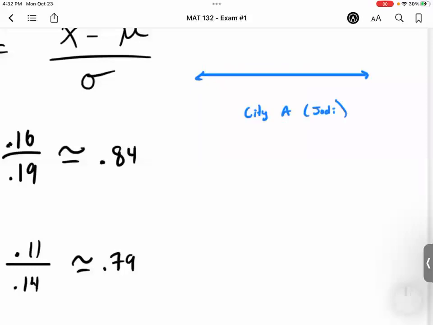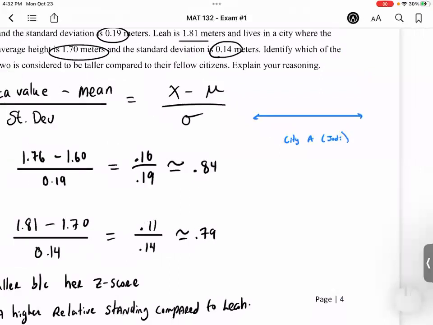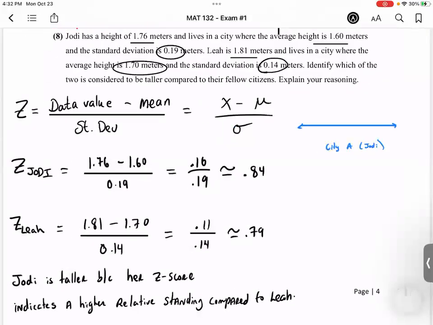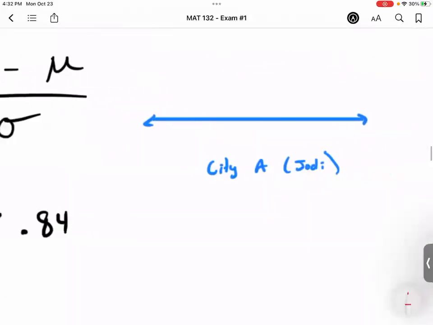What was the mean for city A where Jody lives? The mean was 1.60. So the 1.60 is located at the center. Now, what was Jody's height? 1.76. So let's say somewhere around here. Now, this was in terms of the variable x.